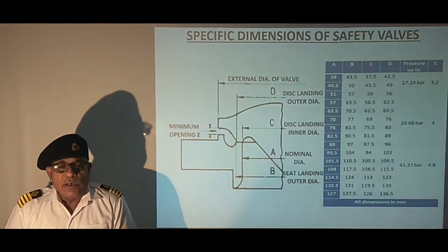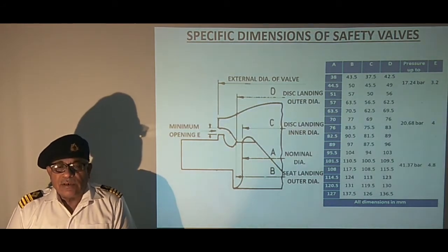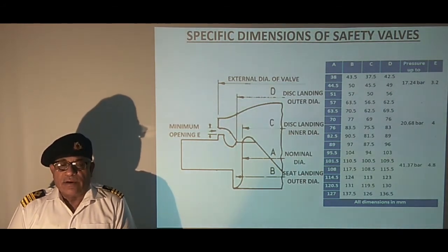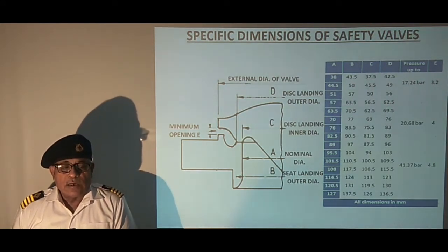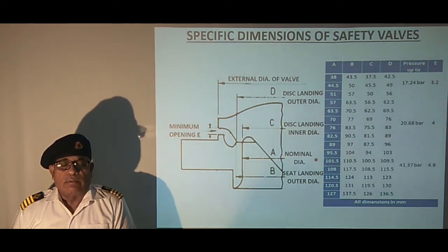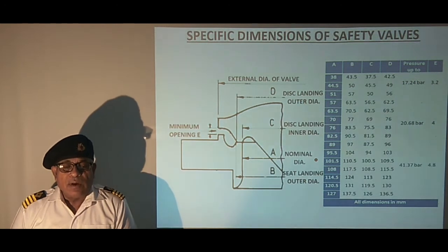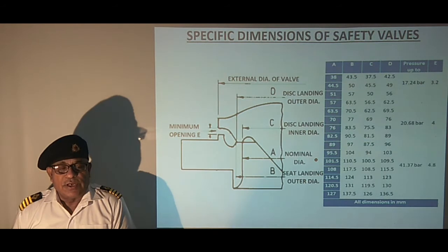So we can see the specific dimensions of the safety valves in this sketch and the table given aside. As we can see, the minimum size of the safety valve is 38 mm, which is designated by A, and that is the nominal diameter of the valve. It is the inside diameter of the valve seat, as you can see here.